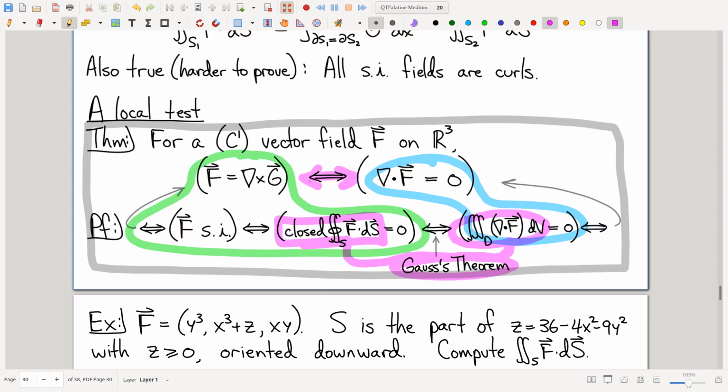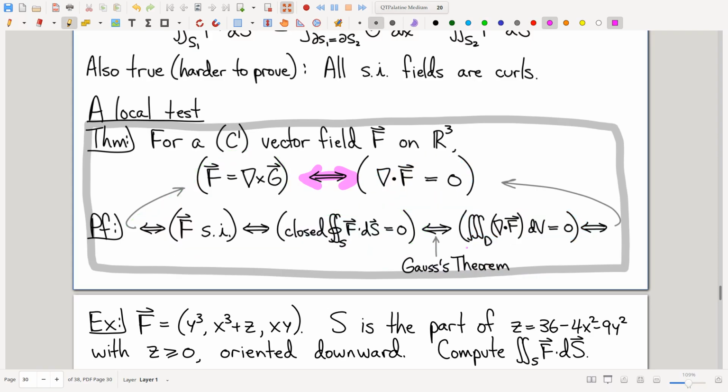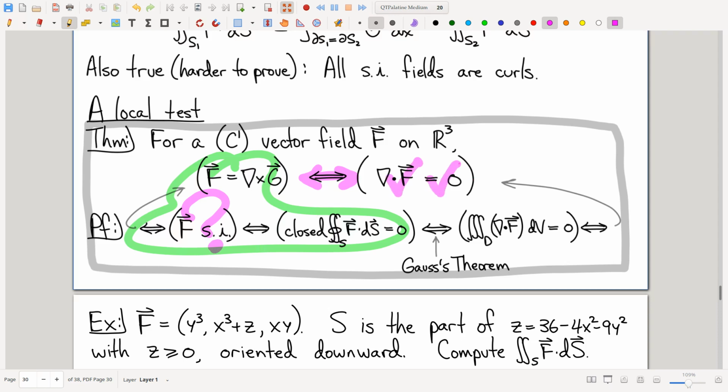And if you find yourself at some point in the future wanting to know, hey, I've got some vector field and I would like to know, is my vector field surface independent? Namely, is it a curl? How do you tell? Oh, okay, yeah, you could compute the divergence and see if you get zero. If you get zero, then yes, indeed, it's surface independent.